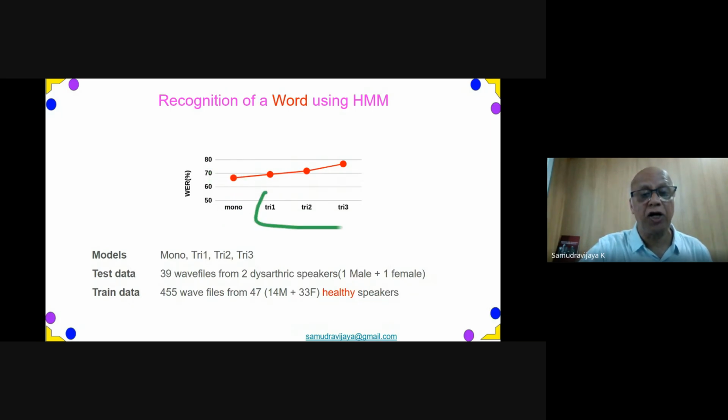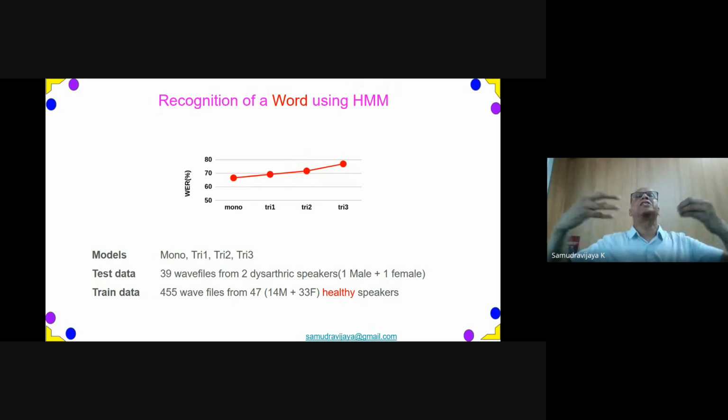We went for a sophisticated model and expected a lower word error rate, but the sophisticated model did not give that performance because the amount of training data was very small. These are the words spoken by people. Therefore, the amount of data was small, and the triphone models are big models, with billions of parameters to train. Therefore, they did not do well.